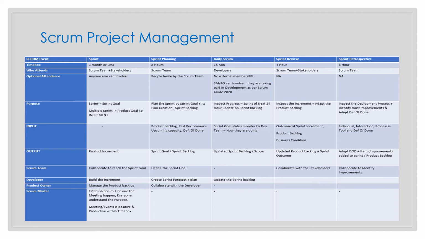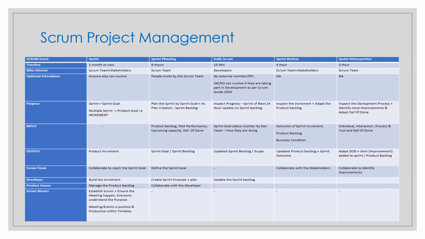The Scrum master works on how effective the meeting is, and the Scrum team discusses what improvements to the process should be made. The Scrum master will act as a facilitator for this meeting, ensure that everybody understands the purpose, ensure the meeting is positive and productive, and coach that everything is within the time box.